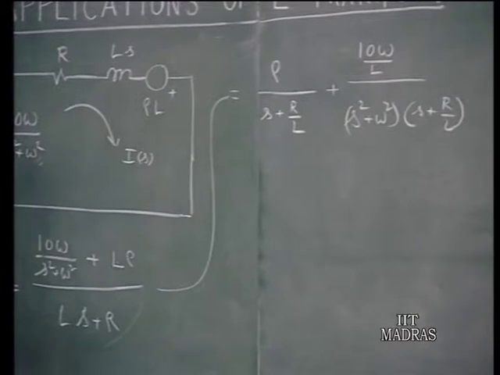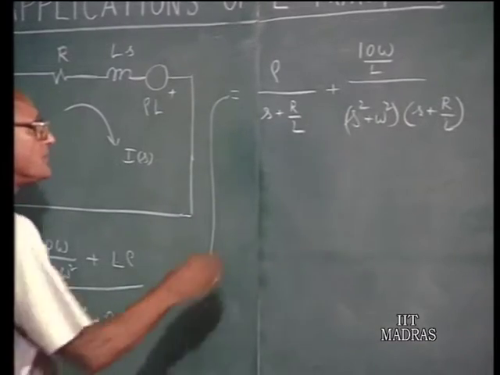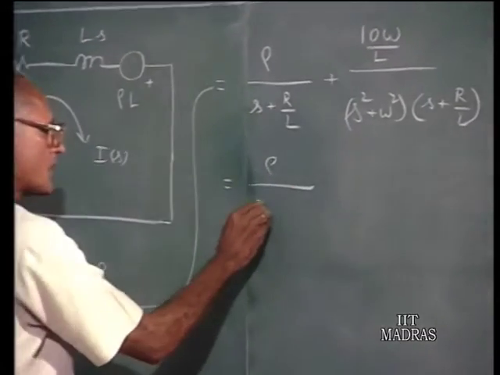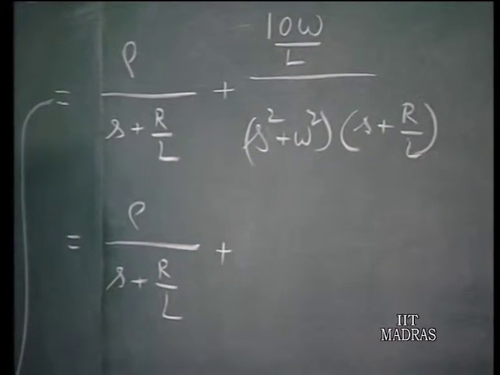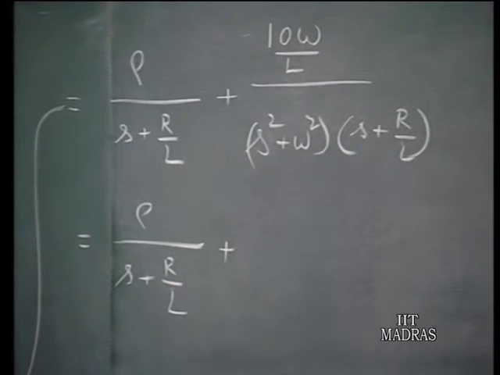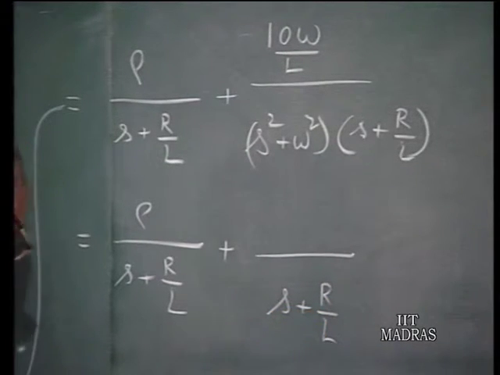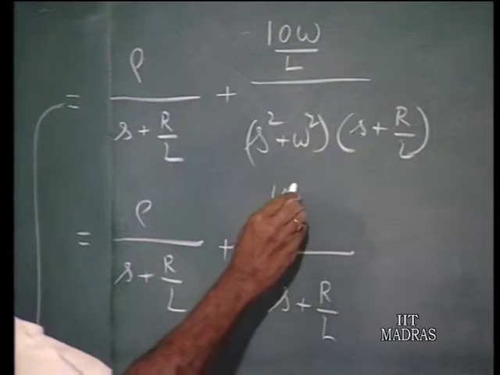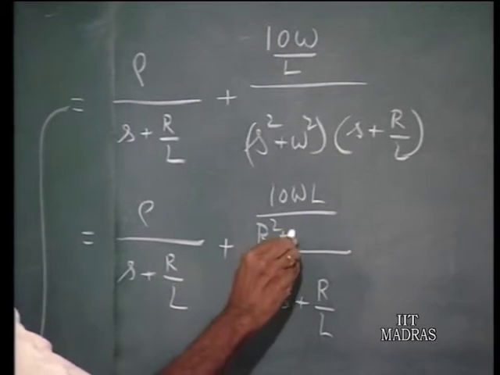So, 10 omega over L divided by S squared plus omega squared times S plus R by L. If you make the partial fraction expansion of this, you will get rho over S plus R by L as before for the first term, and for the second term you have S plus R by L, one term, and that will turn out to be 10 omega L divided by R squared plus omega squared L squared.